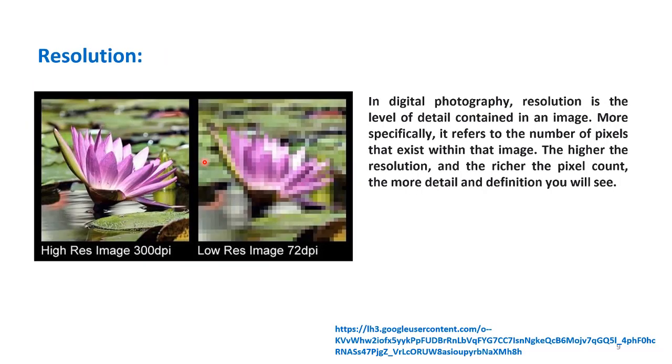Then we have the resolution. As we know, in our digital cameras also, resolution plays a very important role, because the higher the resolution, the more clearly we will be able to see the image. That's why we always try to purchase a high megapixel camera, so that it will give us better resolution as compared to a lesser one.